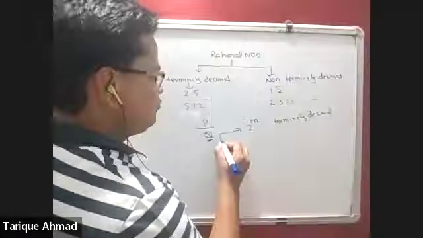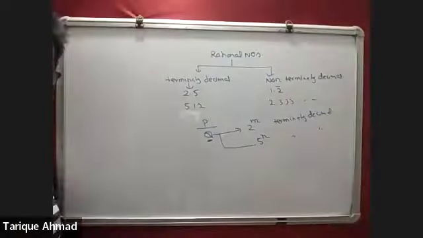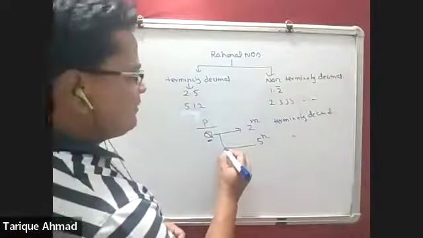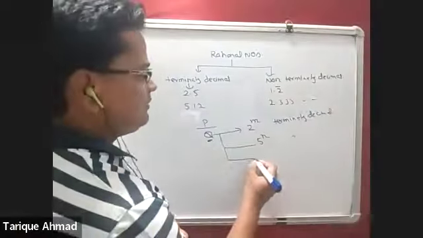If q contains power of 5 only, in that case also it is a terminating decimal. If it contains 2 and 5 both, in that case also it is a terminating decimal.